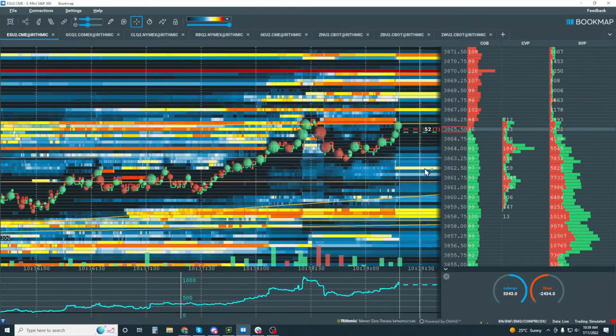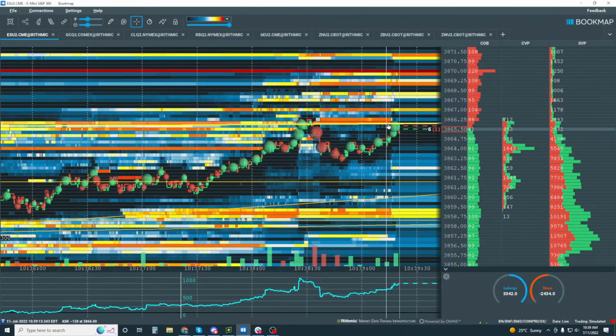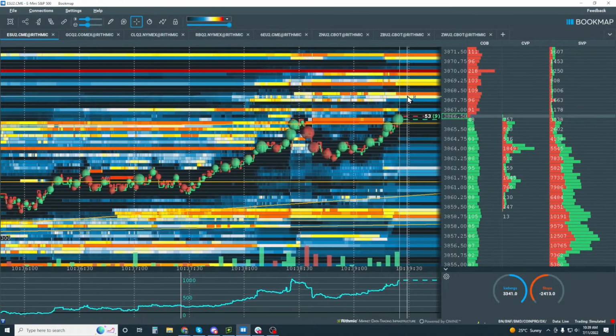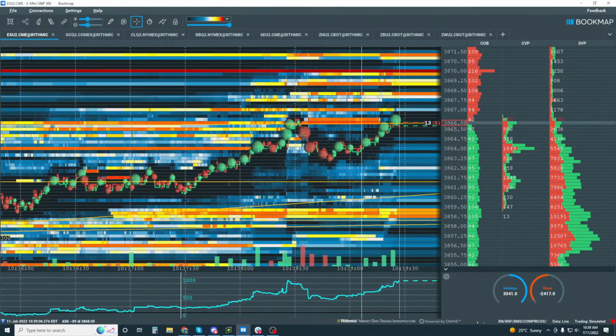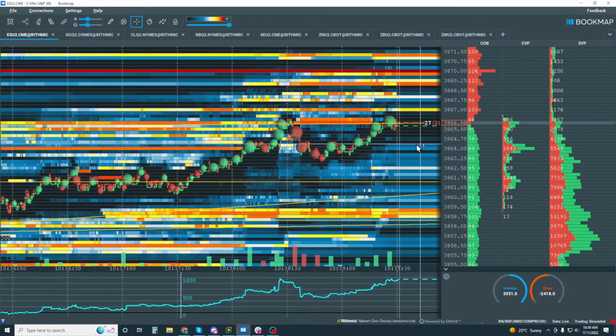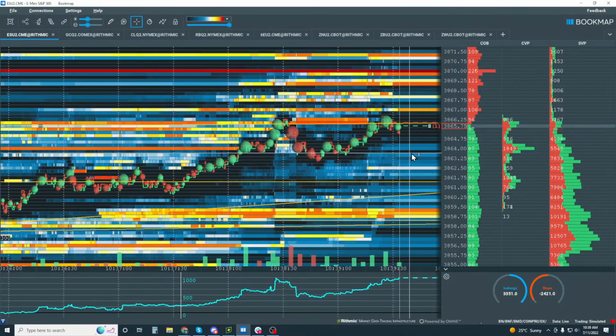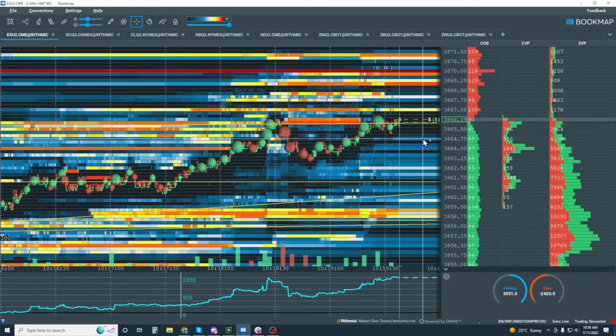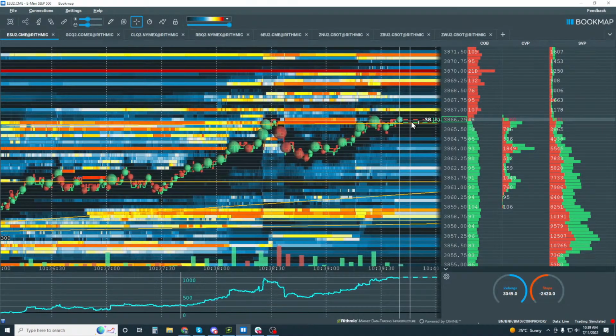Well, we're still finding buyers here, so let's see them move it to our 70 level. Basically still looking for higher liquidity up in here to be filled. They're on the bid underneath here. This is looking better. I like it. I like the reaction to this here being buyers.